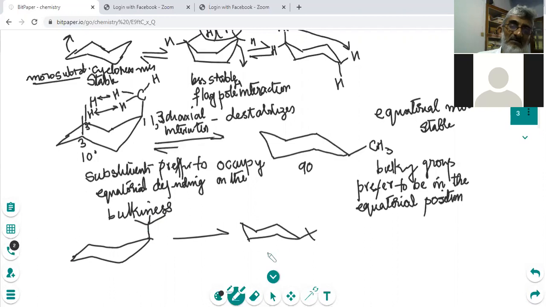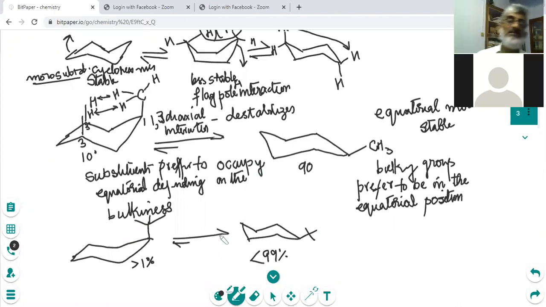Hardly any form will be in the axial position, very less than 1%. It is more than 99%. So it is the bulkiness of the group which decides the stability of the conformation. Is it clear?